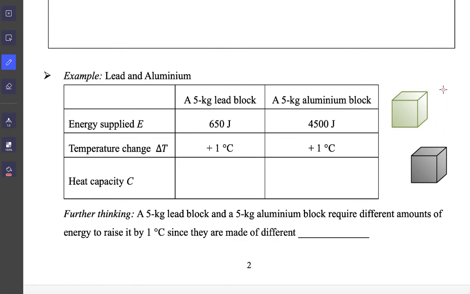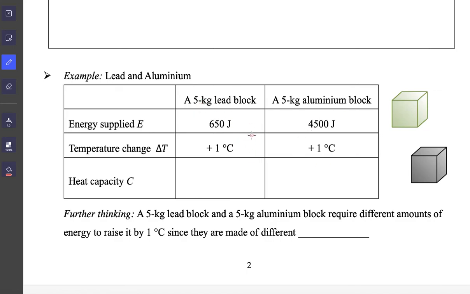And the last example is also about heat capacity. But this time you can see that we use this table to compare something. And this time, the mass is the same. And the energy supplied is not the same, but the temperature change is the same. So by relating E, C, and delta T, you can see that the mass is the same, right?